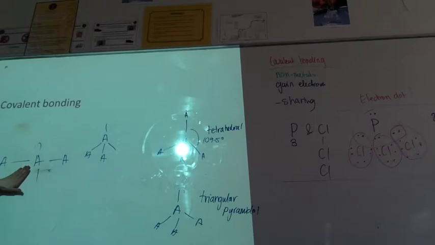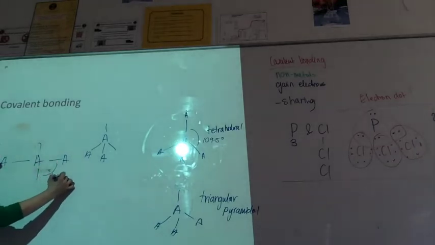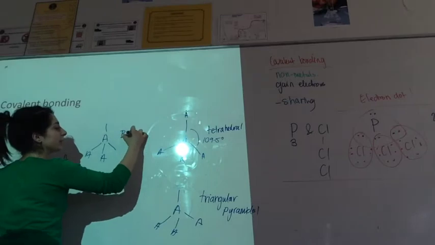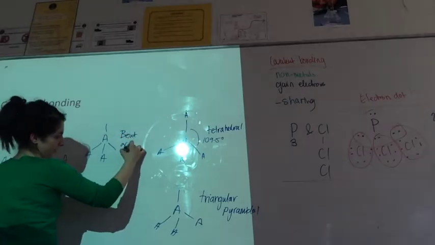So it's not like that, even though you can draw it like that, it's still tetrahedral. These are not 90 degrees from each other, they're 109.5 degrees from each other. It's just hard to draw on a flat surface. Okay, so it's still bent or V-shaped.